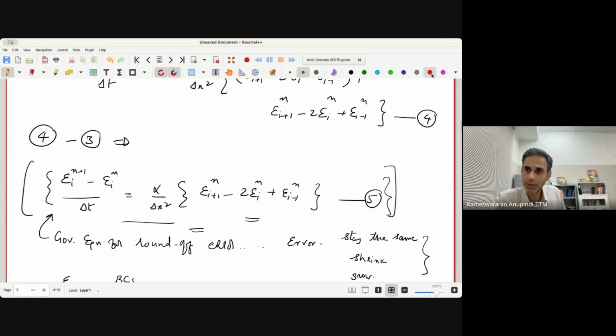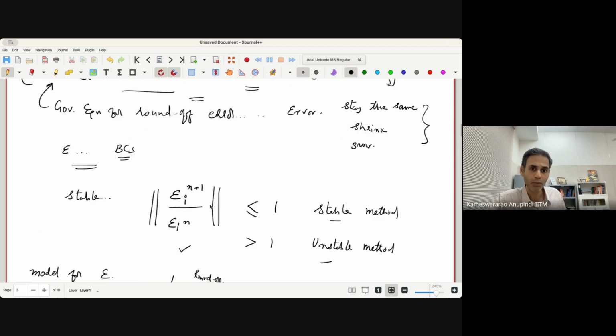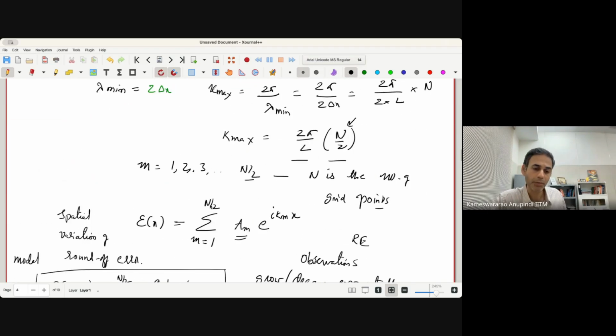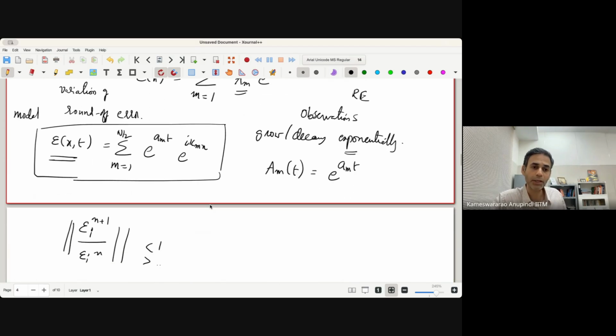This equation is actually a linear algebraic equation, because there is no other coefficient here. Whatever coefficient we have here, alpha is a constant value. So as a result, this is a linear equation. When we have linear equations, we have one property, that is linear superposition. That means if you have two solutions, the linear superposition of the two solutions is also a solution to the linear equation.